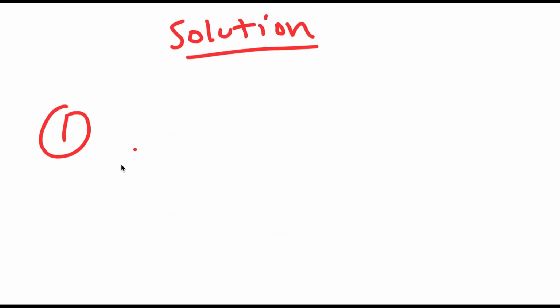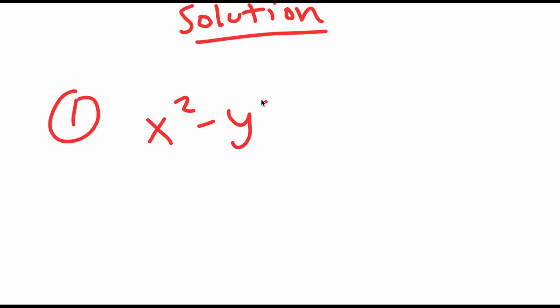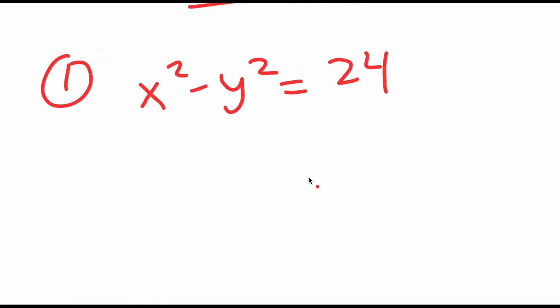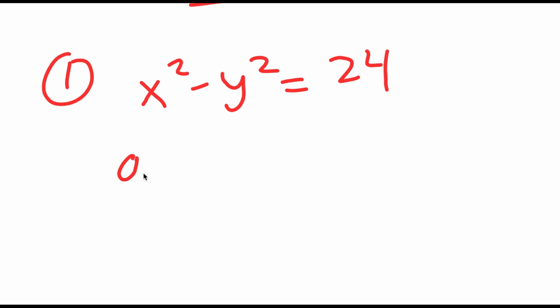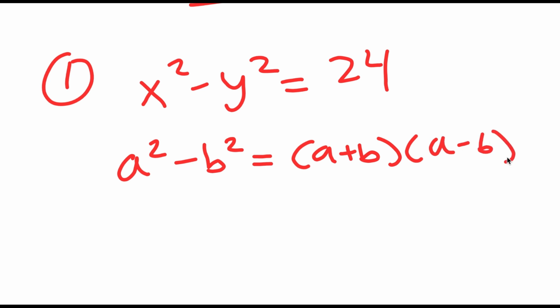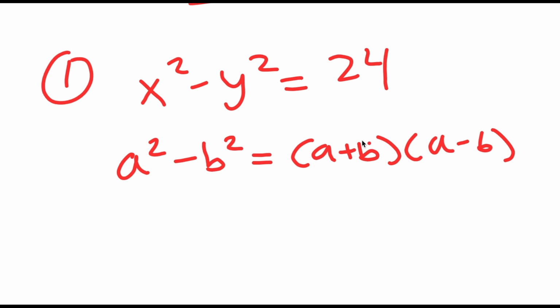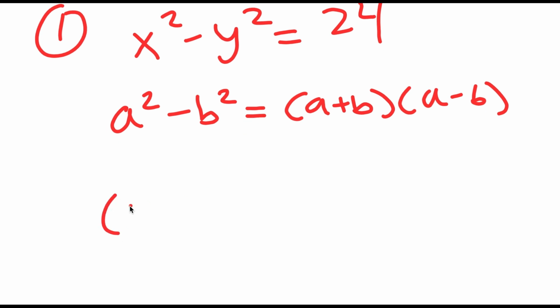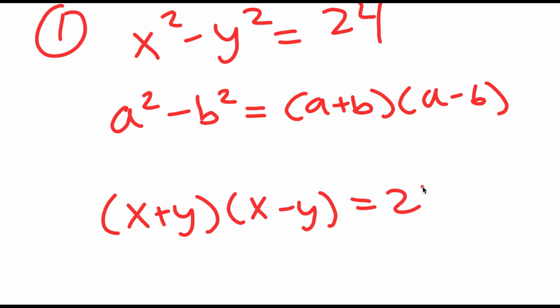So I'm going to use the property a squared minus b squared is equal to a plus b times a minus b. This is an important algebraic property that you should memorize because it's used a lot. By using this property, x squared minus y squared turns into x plus y times x minus y is equal to 24.